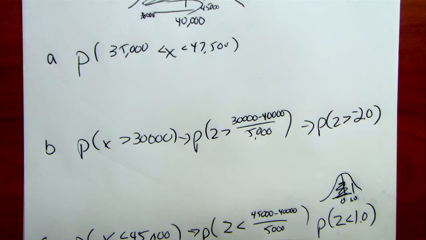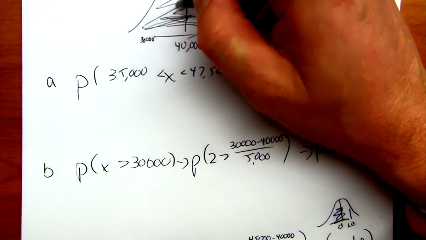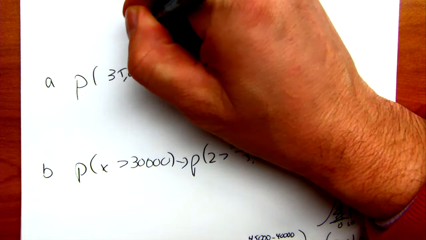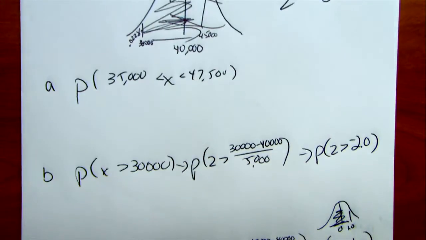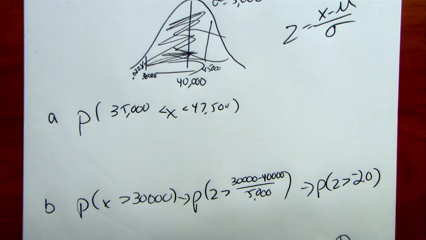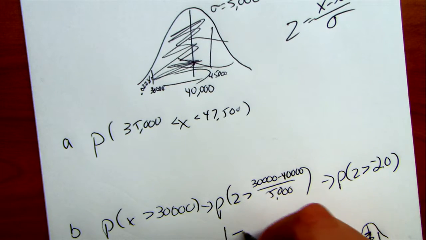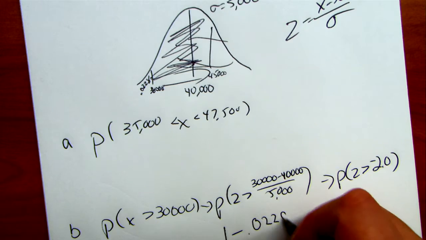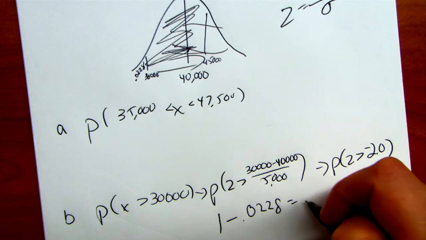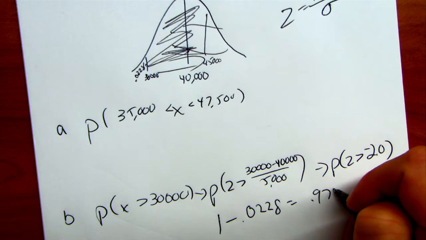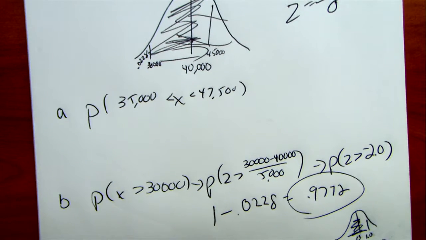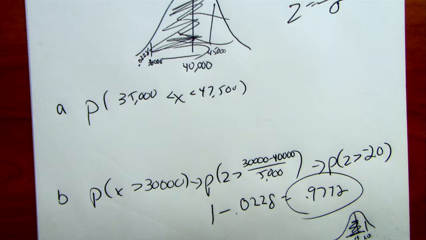That doesn't make sense though, right? That's not the answer because that always gives me area to the left, 0.0228. And I want area to the right, so how do I get area to the right? 1 minus 0.0228 gives me 0.9772. So there's a 97% chance that they make more than 30,000. You guys with me?